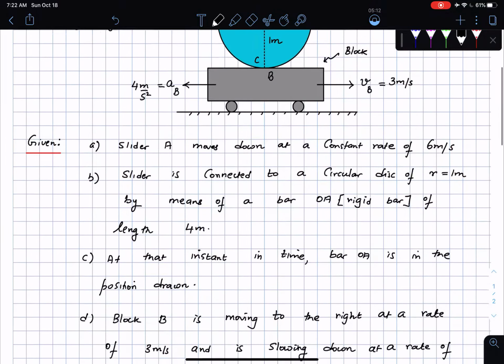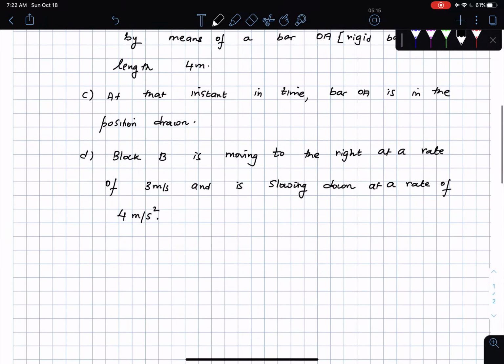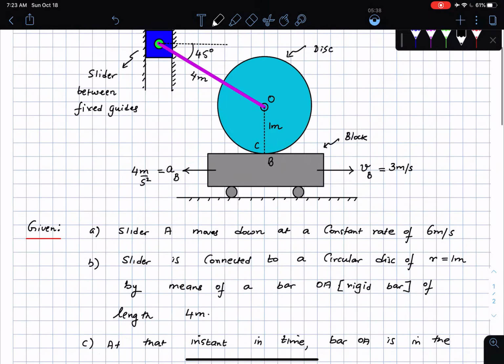And the last piece of information here, the disk rolls without slip on the block. Okay, and what we need to find on this particular problem. So disk rolls without slip on the block, and I just want to point out that the point C is a point on the disk, B is the block which is right underneath the contact point.